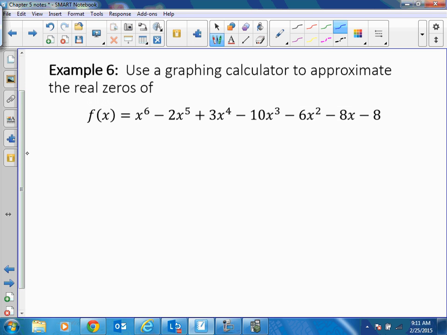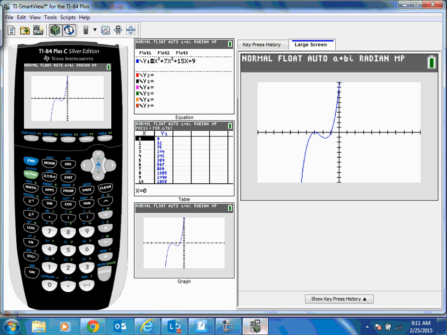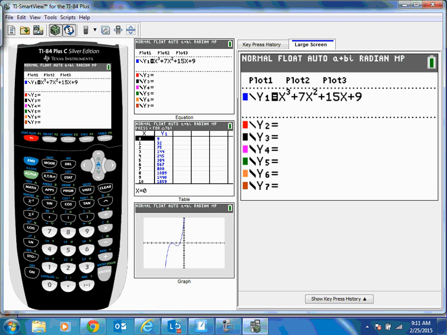Okay, so use a graphing calculator to approximate the real zeros. We can bring up a graphing calculator and put it in. I already did that earlier. All right, so let me see which this one is. Give me a second. Okay, so it's x to the power of 6 minus 2x to the power of 5 plus 3x to the power of 4. And I'm doing that all wrong. So I can look up.